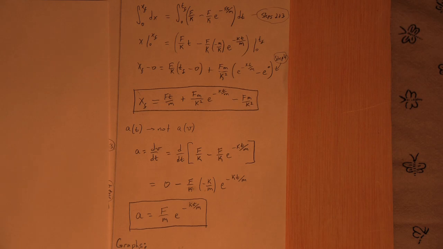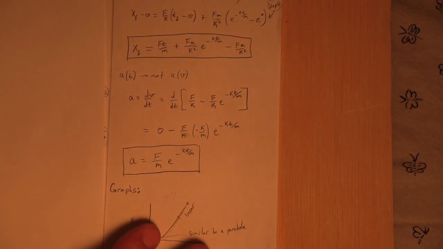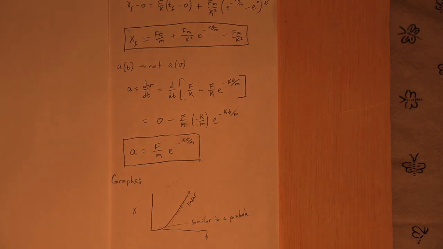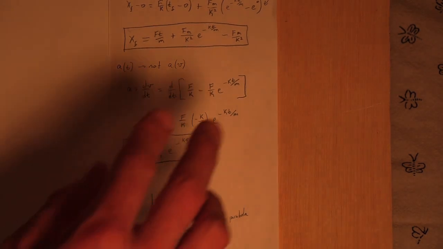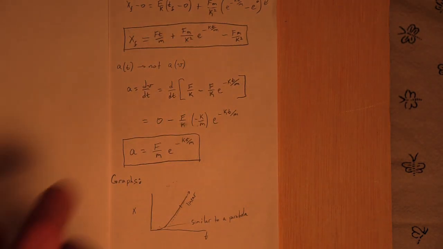Okay? The last thing, graphs. So the function for x, which is pretty complicated, would basically be like this. It would start off similar to a parabola. That's what all this does. But then eventually it goes linear, like this term, e to the negative, it basically goes to 0.